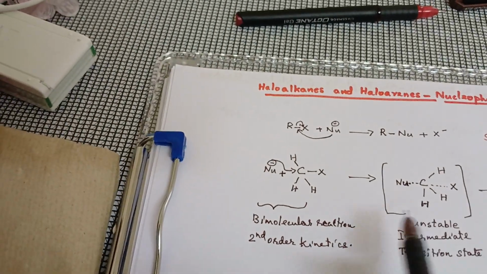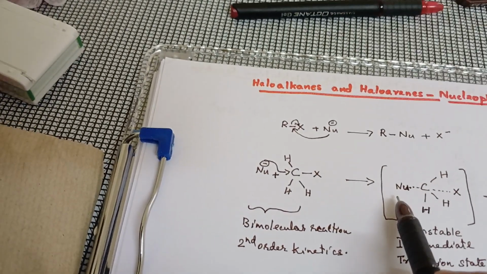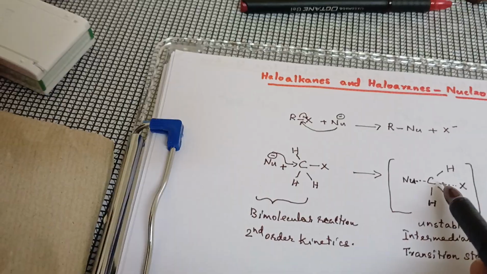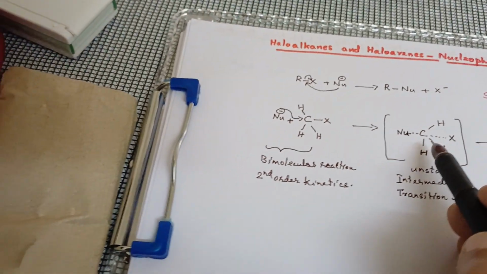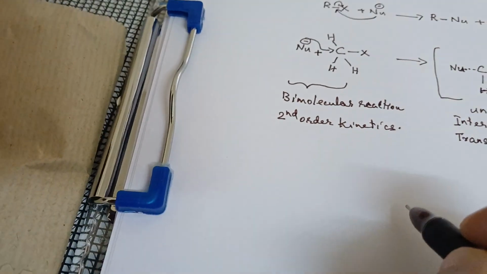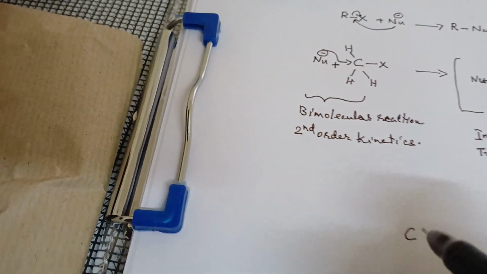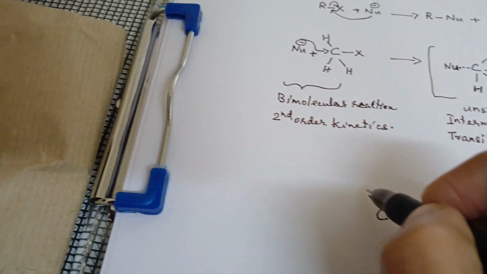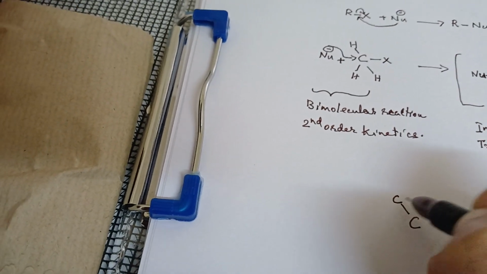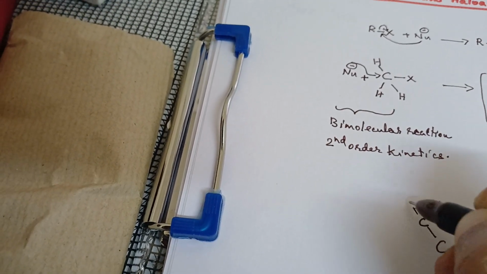Now you can see here that the nucleophile is making its attack from the back, or the halogen is leaving from front and the nucleophile is getting attached at the back. Now just imagine, we took a methyl halide, but if you had R or alkyl groups attached to this carbon, you can see that there will be one hydrogen here, hydrogen here.